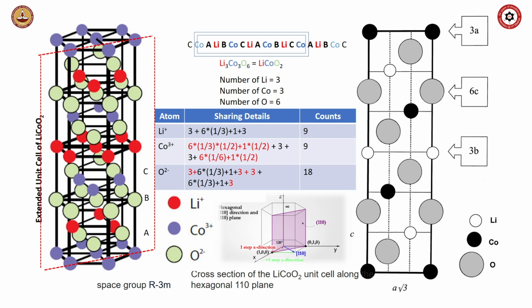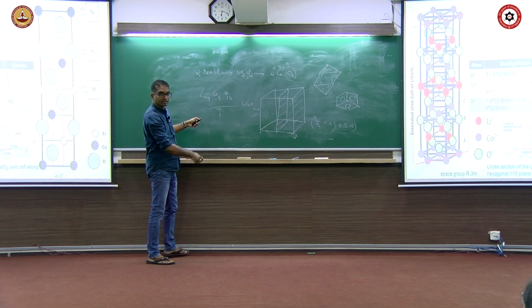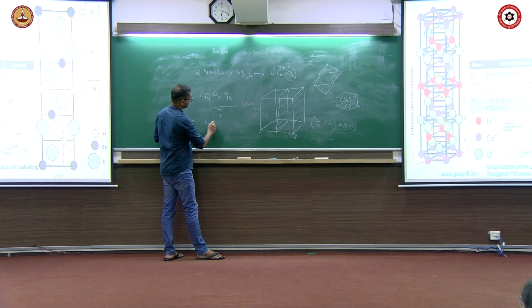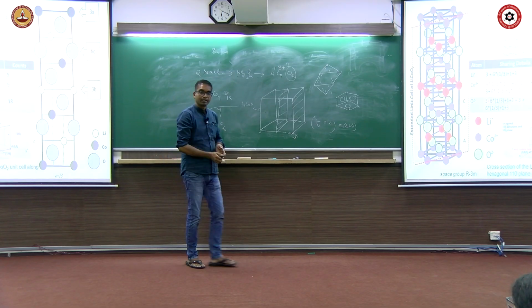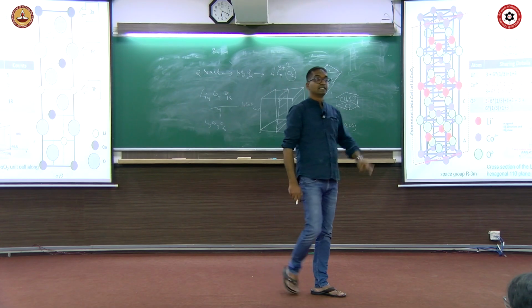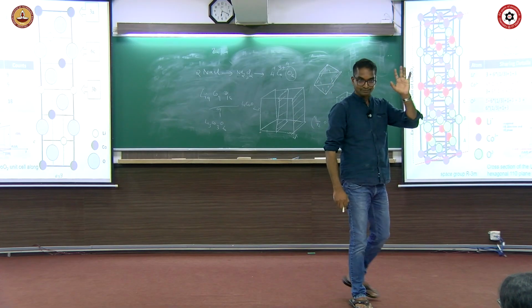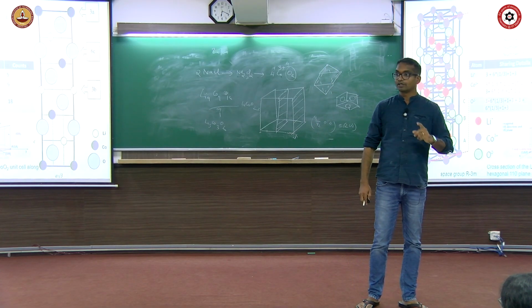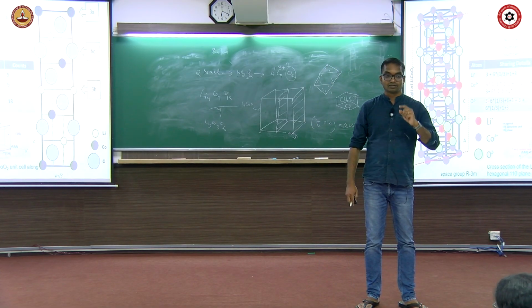This 1 full becomes 3 parts. So if I take 1/3, the same information is there in the remaining 2/3. Therefore, I don't divide by 9, I divide by 3. If I divide by 3, it becomes Li3, Co3, O6. That means in one unit cell, 3 LiCoO2 is there. In one unit cell, 3 LiCoO2 is there.